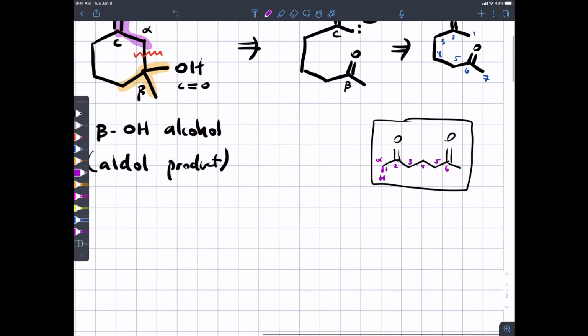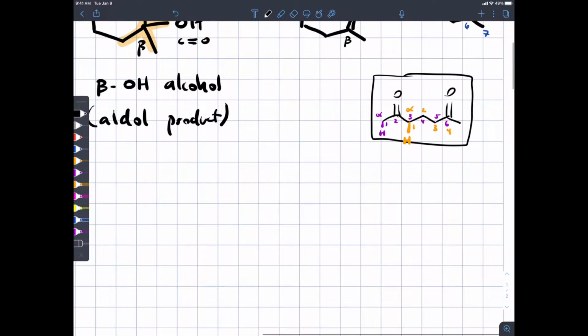But you might have also been concerned about the possibility that this alpha carbon would attack the carbonyl that would be 4 bonds away. So let's draw the product that you would get if you made an enolate out of the orange alpha carbon and had it attack the carbonyl carbon.